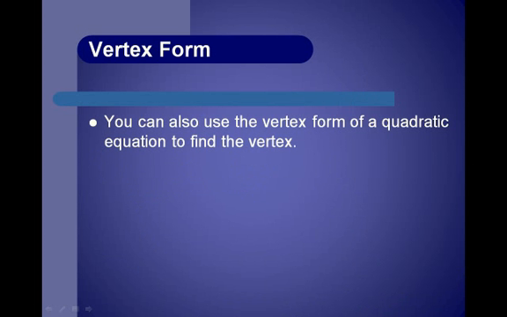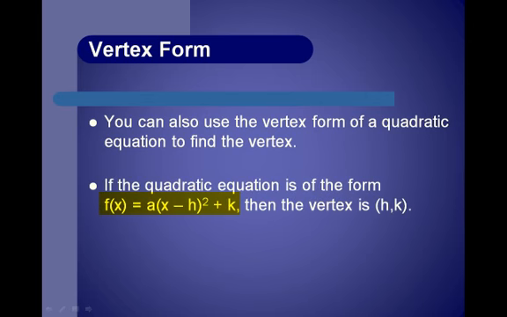Okay, you can also use the vertex form of a quadratic equation to find the vertex. If the quadratic equation is of the form f of x equals a times (x minus h) squared plus k, then the vertex is at (h, k). Okay, let's just go back for just a second.